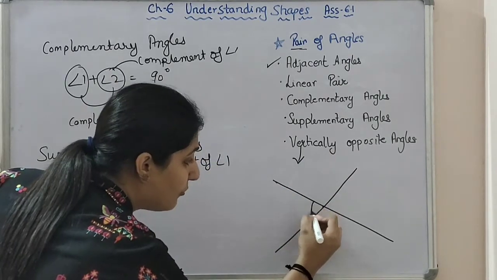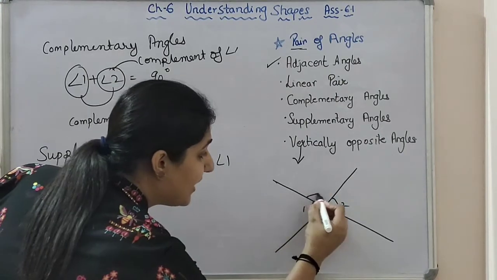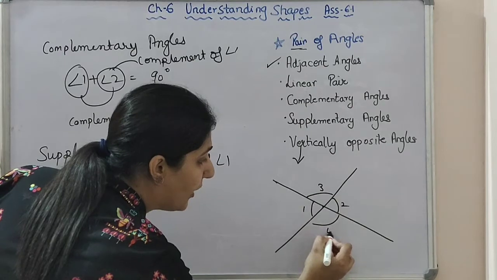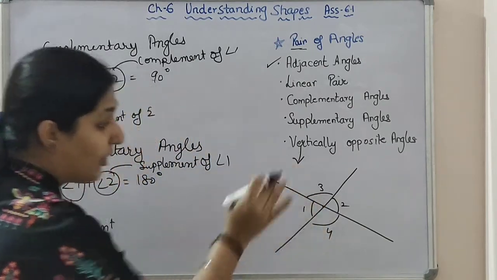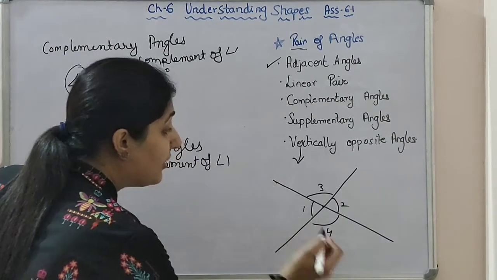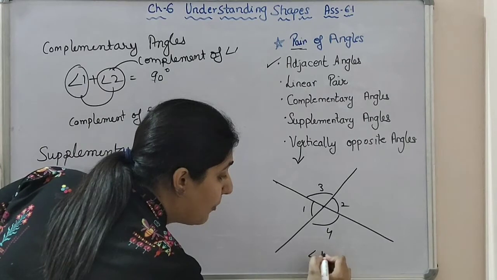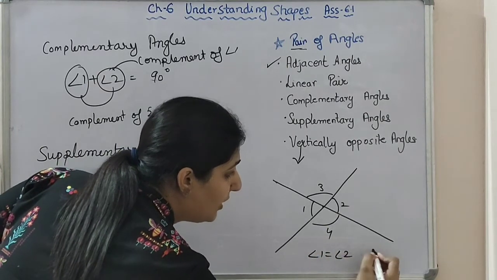So you can see 1 and 2, okay, and there is 3 and 4. You can see 3 and 4 are opposite to each other and they are formed by the intersecting lines. And angles 1 and 2 are also forming in the same way. So vertically opposite angles are equal to each other.